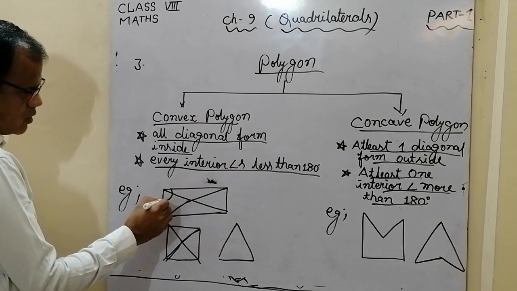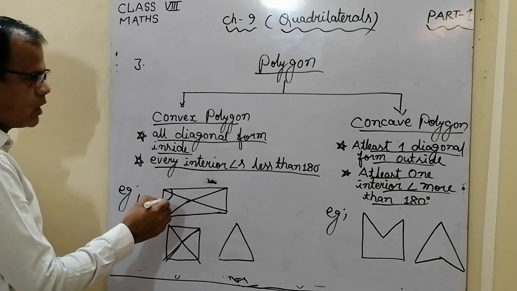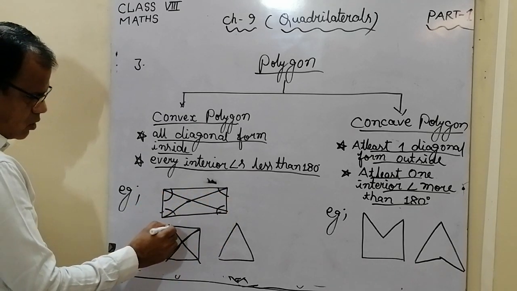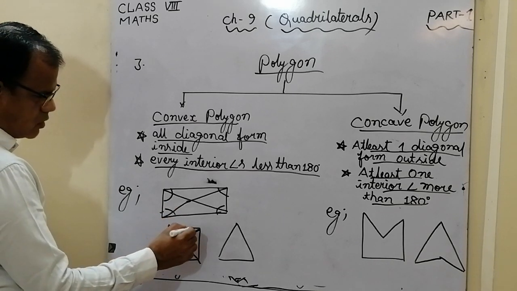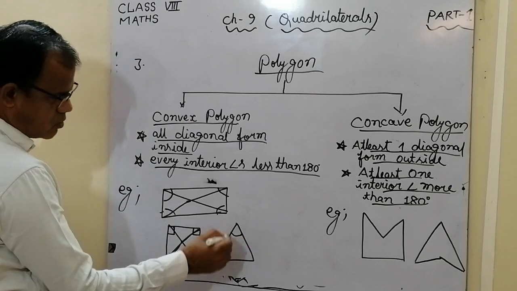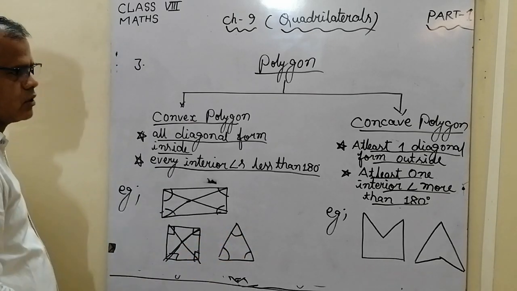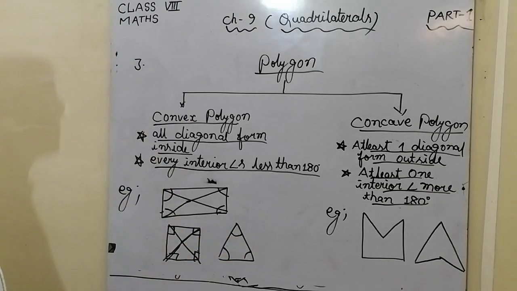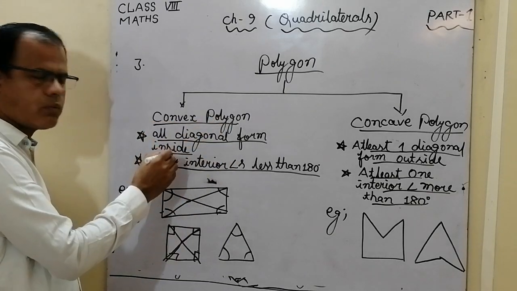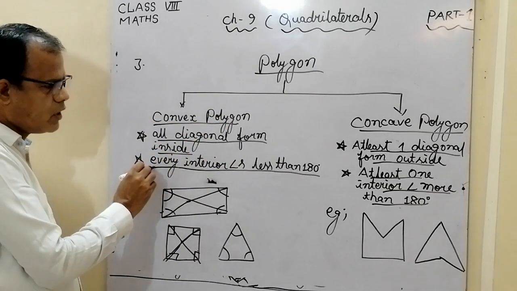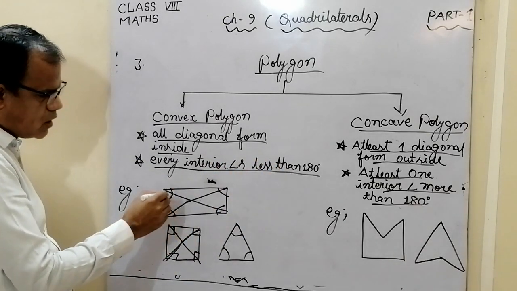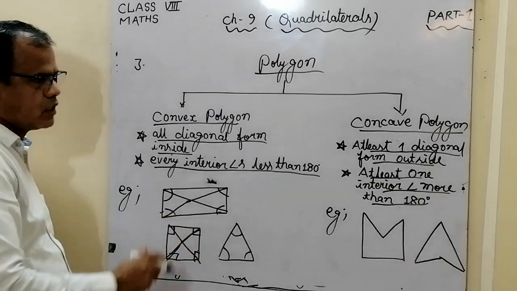Look here, this is less than 180. Here also this forms 90 degree, less than 180, like that. Here also less than 180. So two conditions are there for a convex polygon: all diagonals form inside, and every interior angle less than 180.